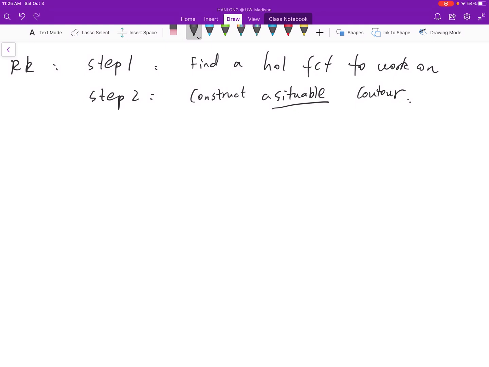Okay, here, proof. Here the function we want to consider is 1 minus exponential iz divided by z squared. So you see, instead of, probably you can try this one.